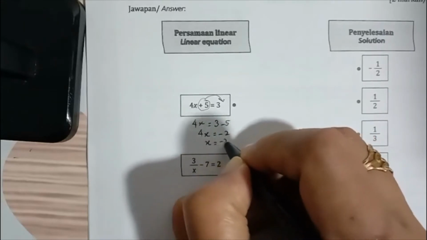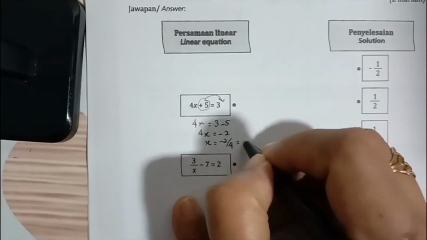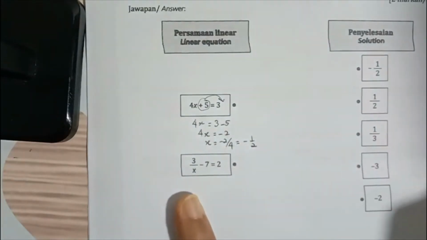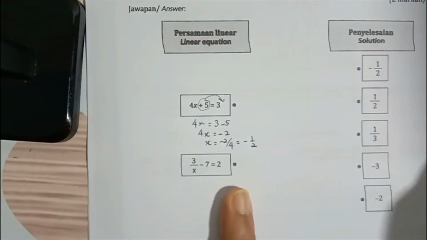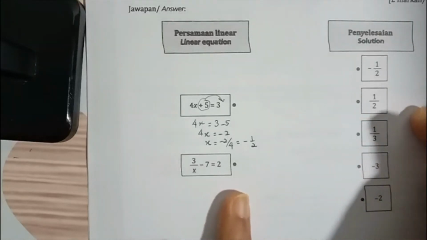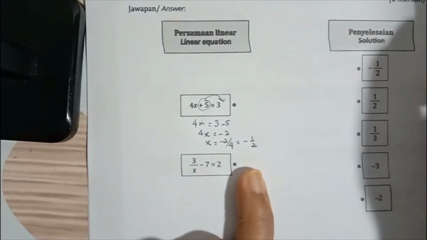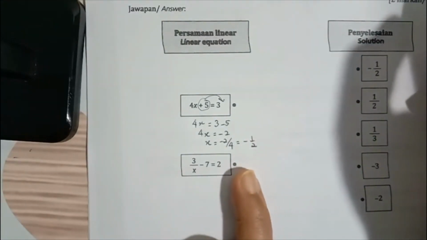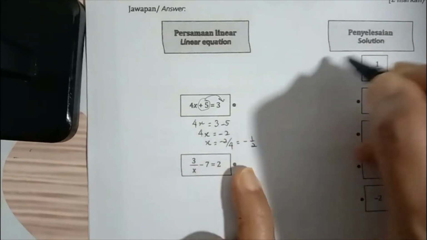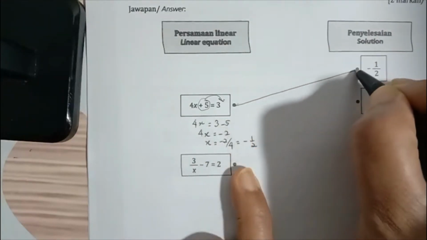Thus x is negative 2 divided by 4, so negative half. So which one is the answer? So use a ruler and then you can draw the line to join.